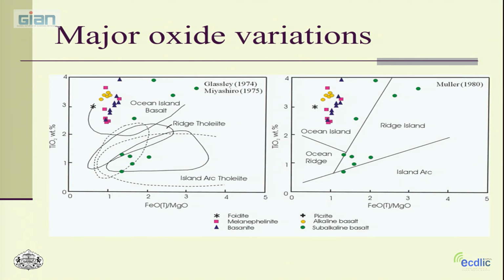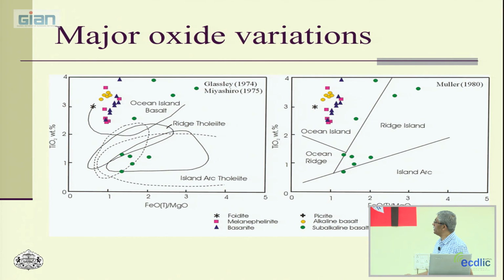Okay. And again making use of the same chemistry, to an extent you can find out the tectonic setting, and you can see although they are present in the continental domain, most of them, when plotted in this diagram, belong to the ocean island basalt, the OIBs. Compositionally they are very similar to the ocean island basaltic magmas, which we have seen during the lecture are products of small or large hotspots or mantle plumes.